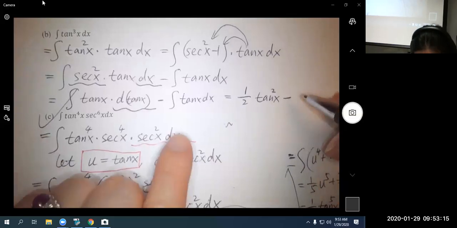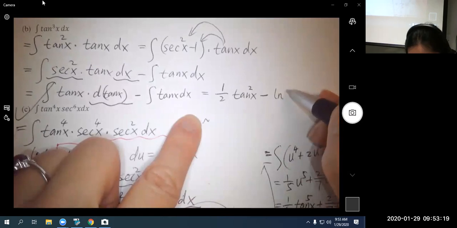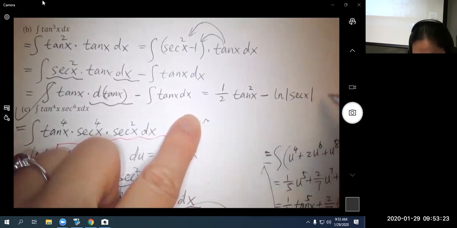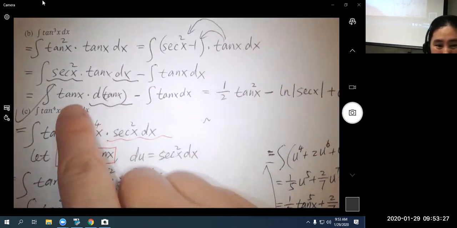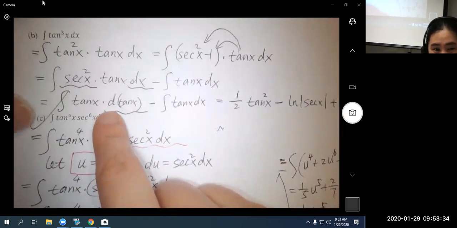And then this integral is what? ln absolute value of secant x, then plus constant c. You guys, yeah, this is hard to understand, okay?